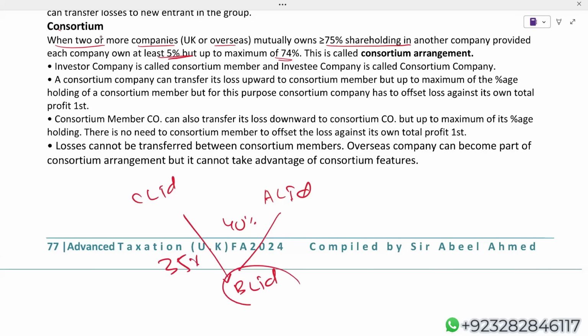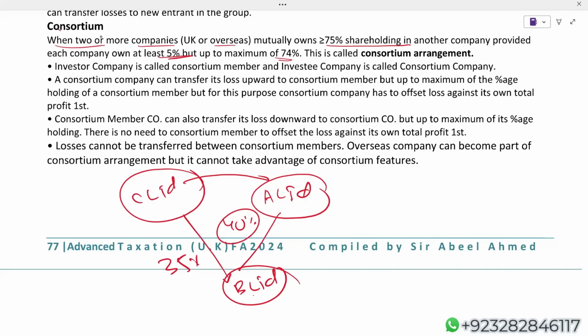So basically, B Limited is a consortium company. A and C are consortium members. A and C cannot transfer losses to each other, but B Limited, which is a consortium company, can transfer losses to A Limited according to their holding. B Limited can transfer its losses to C Limited according to their holding, which is 35%.